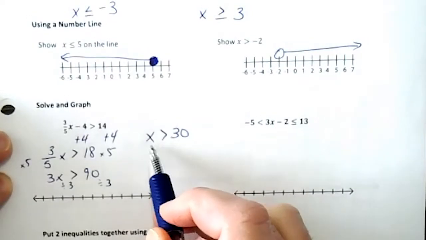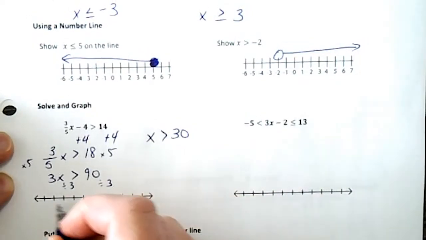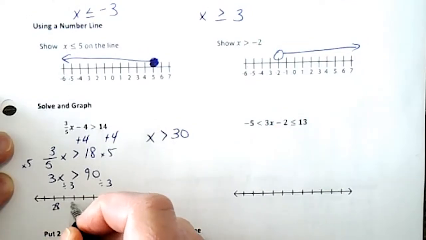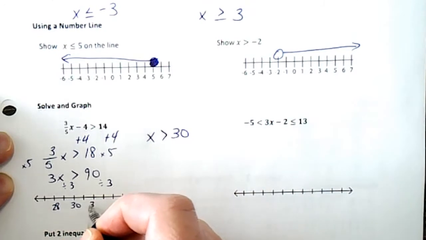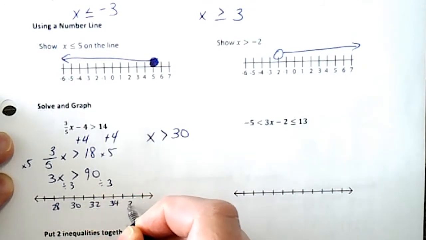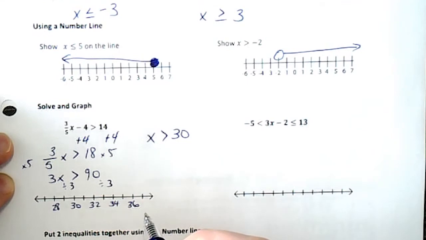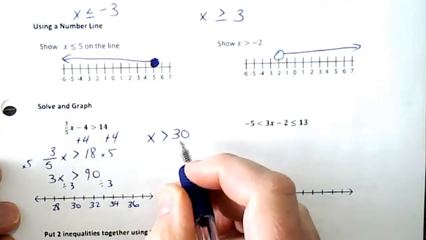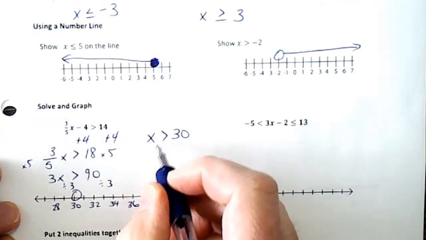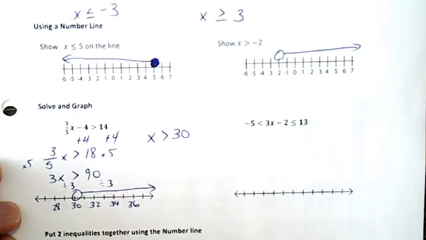So I get my answer, x is greater than 30. So I'm going to make my number line and show it on the number line. So 30, and I want greater, like that.